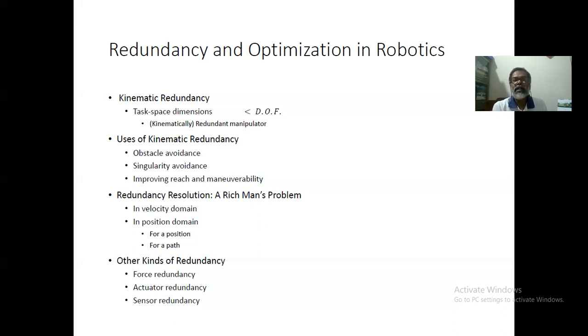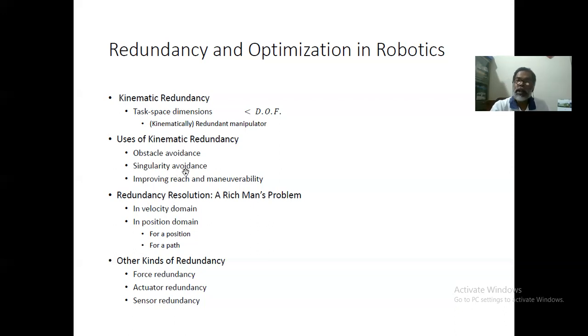Rather than a small number of joints, if you have a large number of joints like a snake's body, which is completely flexible, or even if it is not completely flexible, but suppose rather than 6 bigger links, you have 14 smaller links, then in more possible ways you can accomplish some motion, and therefore you can choose which possible motions avoid an obstacle.